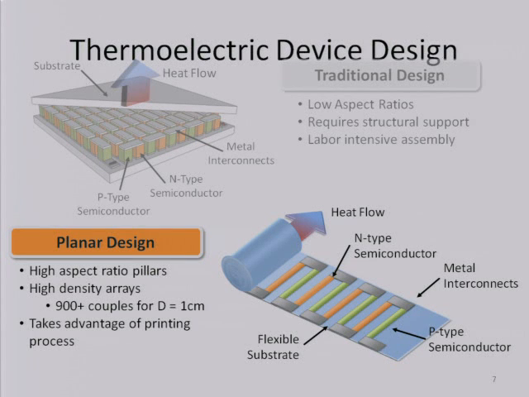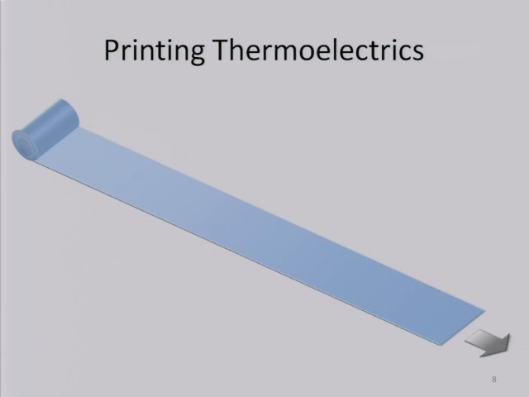So we can achieve a high density of couples, so 900 plus couples would occupy a diameter of about 1 centimeter, and it takes advantage of the printing process that we're working on so hard.